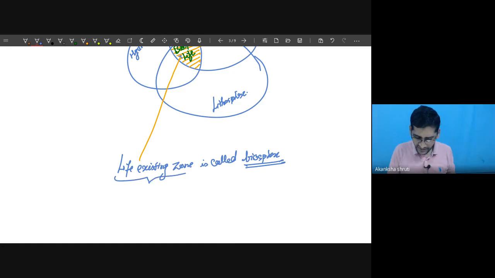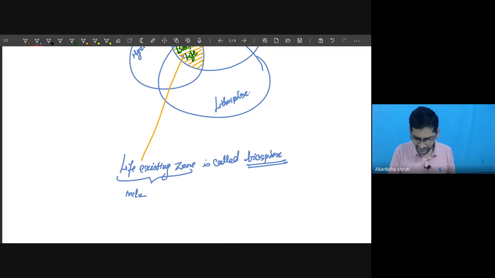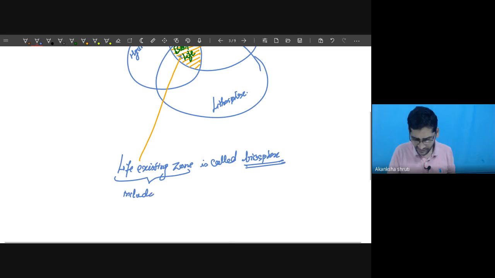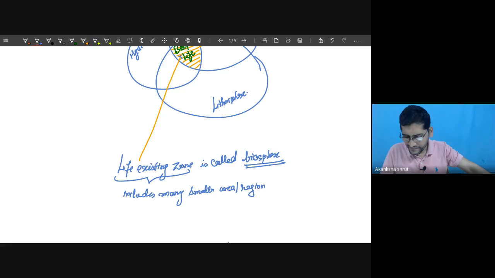So this is the life existing zone. This includes many smaller areas or regions where life exists.